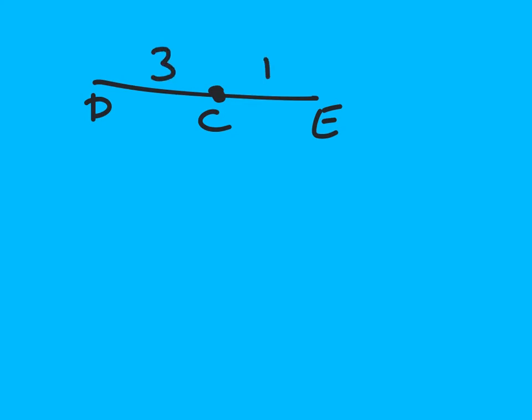It's very, very similar to the first one. Again that will generate a formula for you, which says C is equal to 3 times E plus 1 times D, divided by 3 add 1, 4.